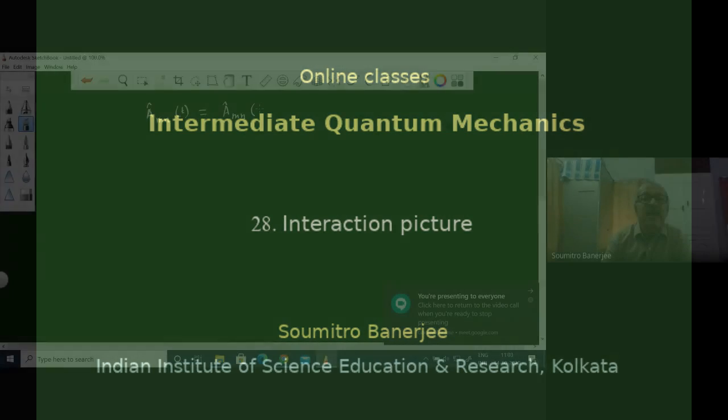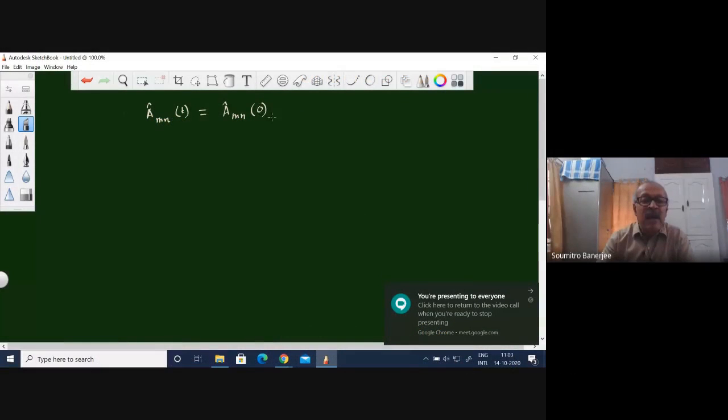mn at time 0, and then it will be multiplied by e to the power i omega mn t, right? And this omega mn was the transition frequency from the state m to state n.